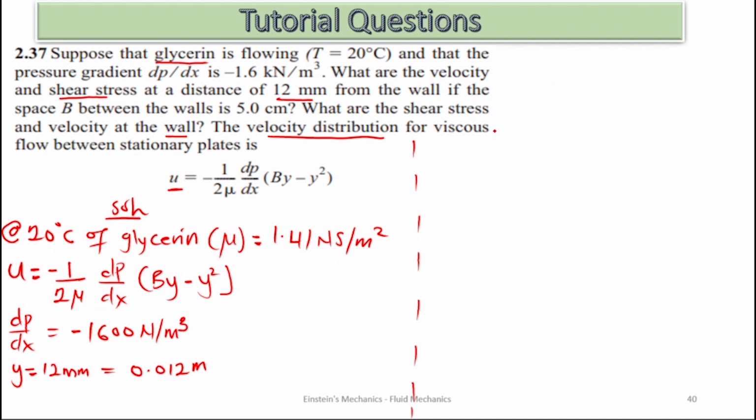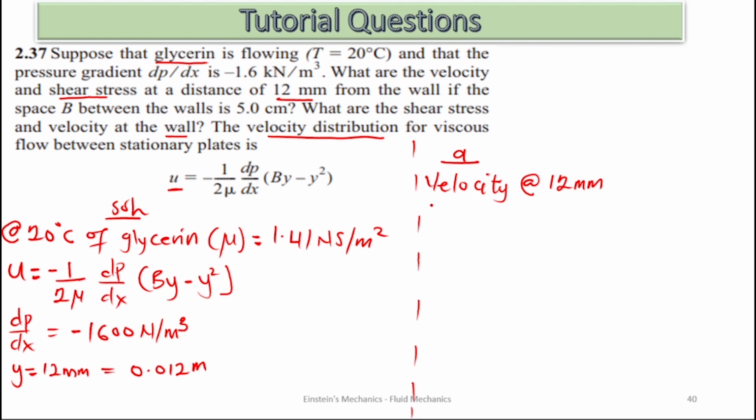At the A part, we are to find the velocity at this 12 mm distance. We can just find it by inputting the values in it, and we'll get an answer for the velocity.